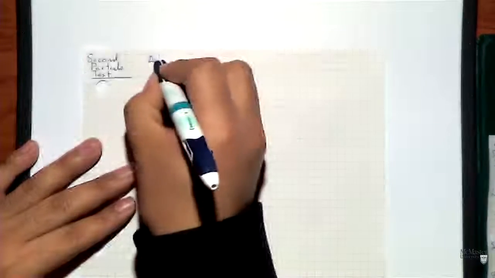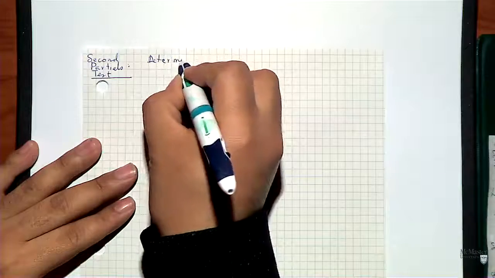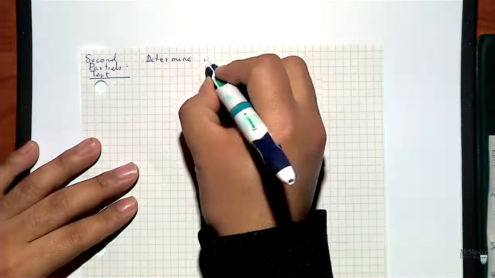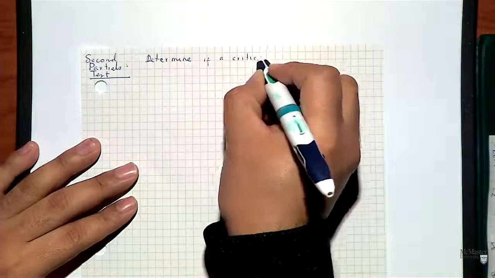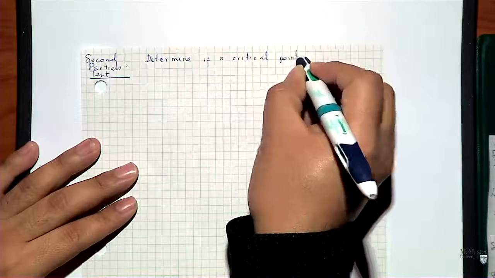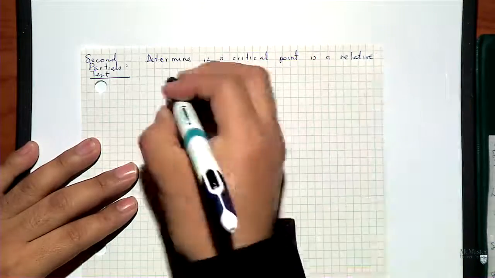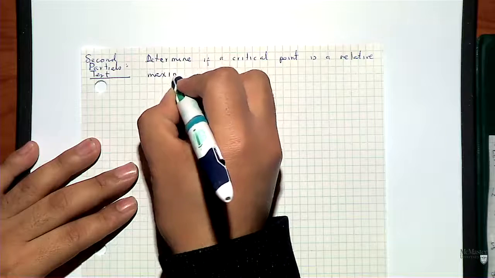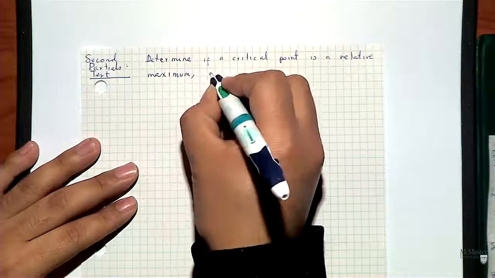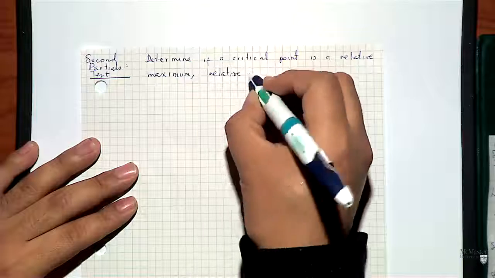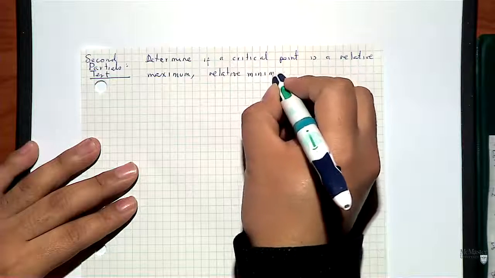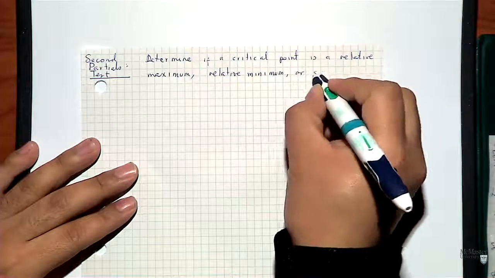It's helpful to determine if a critical point is a relative maximum, a relative minimum, or a saddle point.